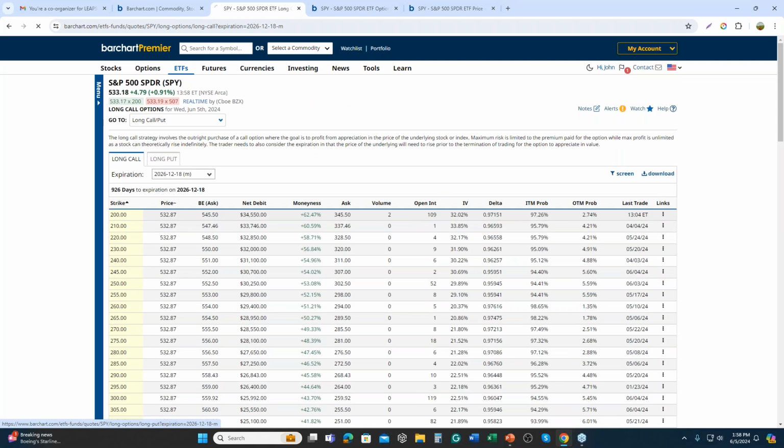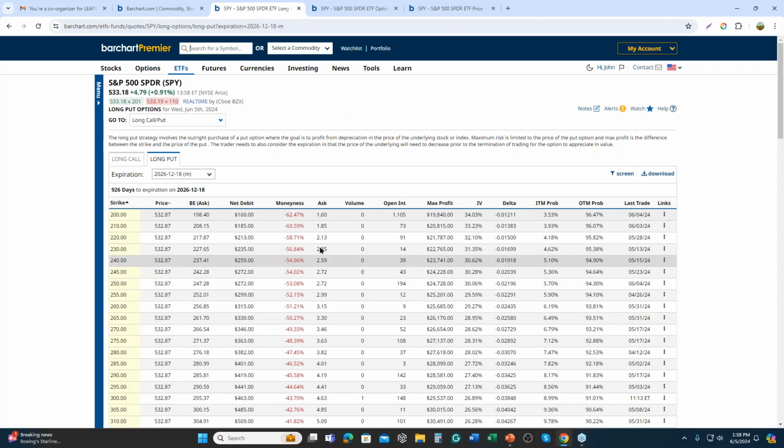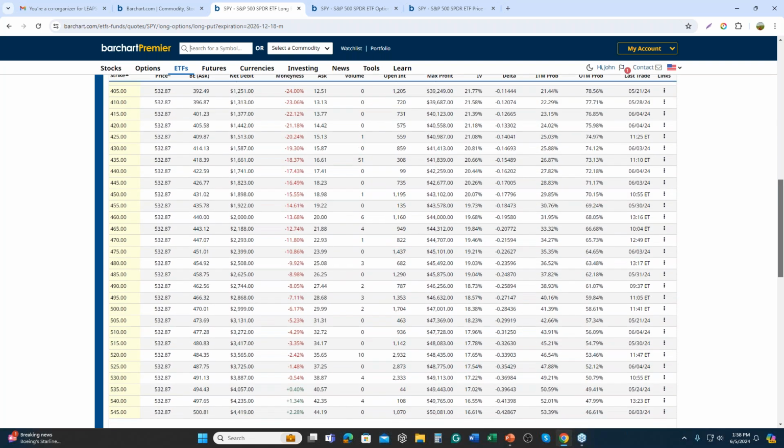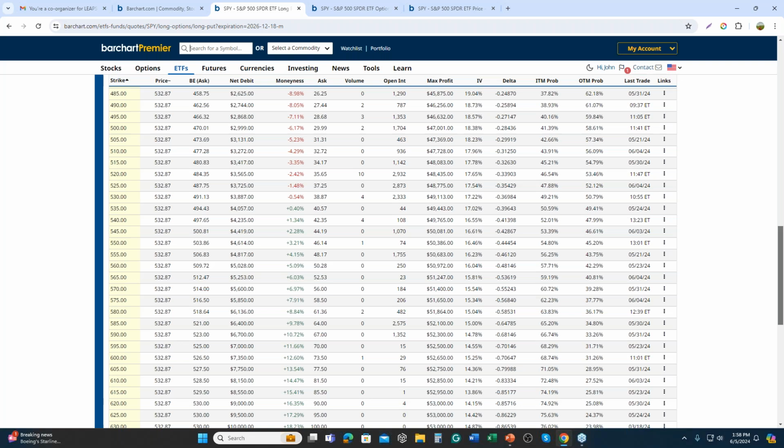Again, look at long puts. Notice how our moneyness flips here now, right? Out of the money, in the money. And again, notice how our prices for our puts are a lot cheaper for our LEAPS, again, because of that muted effect of our lower delta.